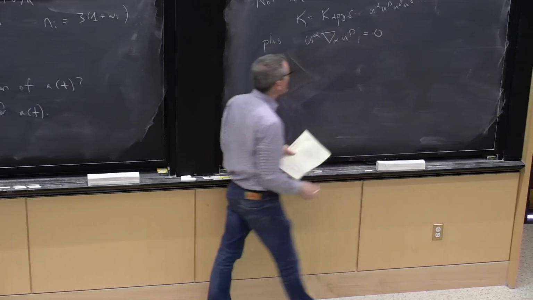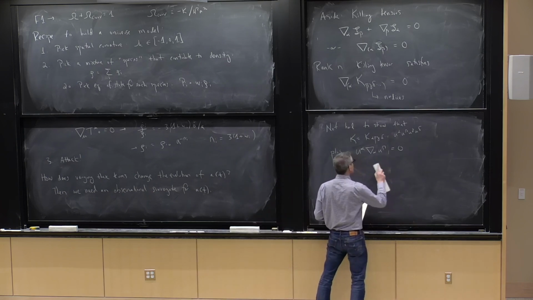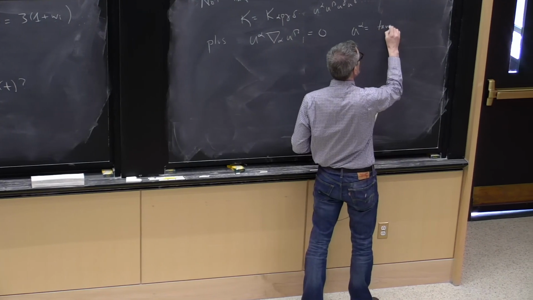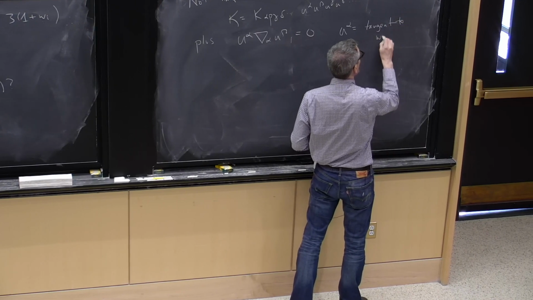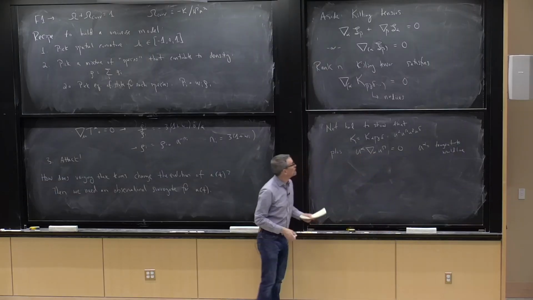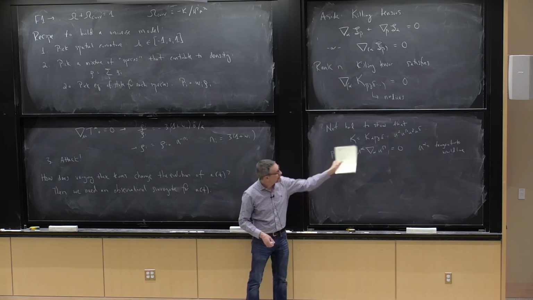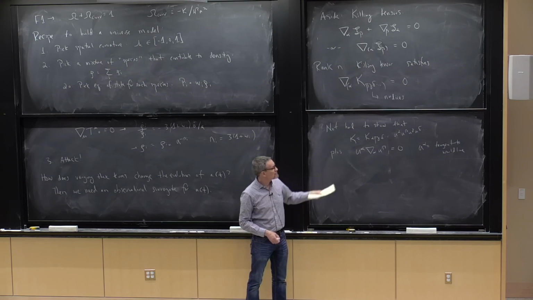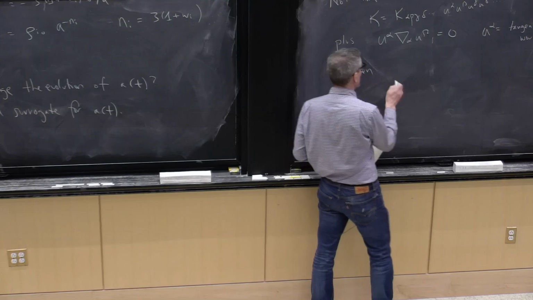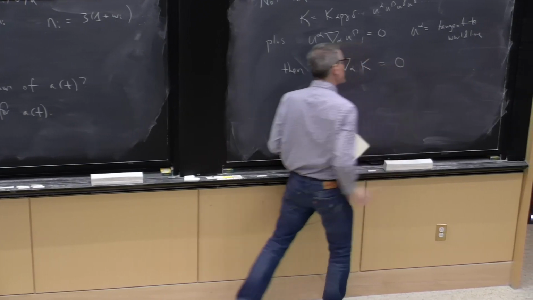Okay, so if my u satisfies the geodesic equation, or this could be a momentum, let's just say it's the tangent to a world line. It could be either a velocity or a momentum. So if I define the scalar k by contracting my Killing tensor with n copies of the tangent to the world line, and that thing satisfies the geodesic equation, then the following is true.